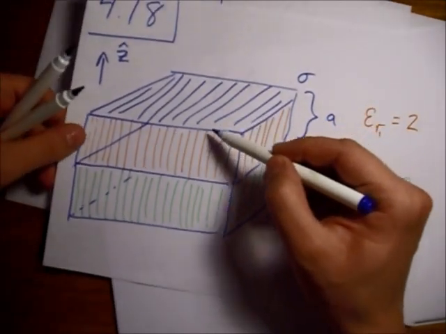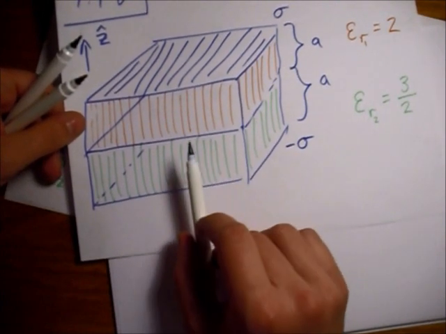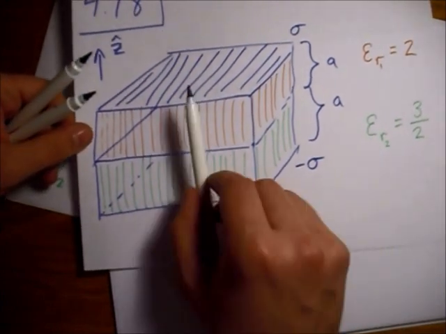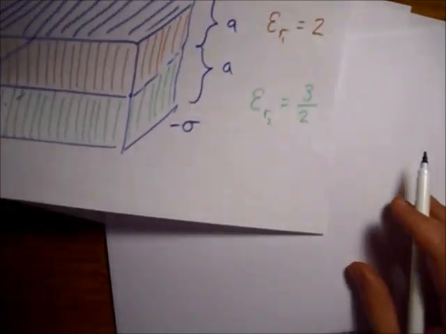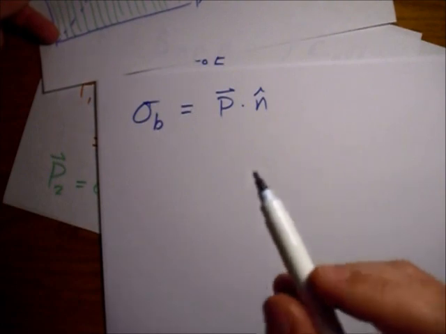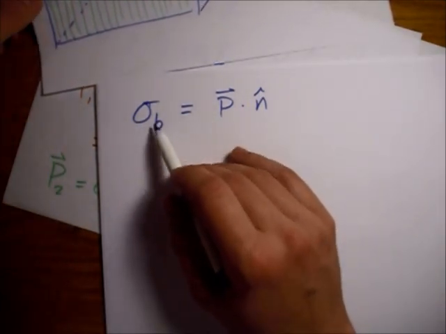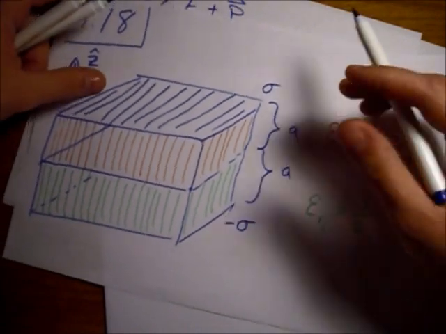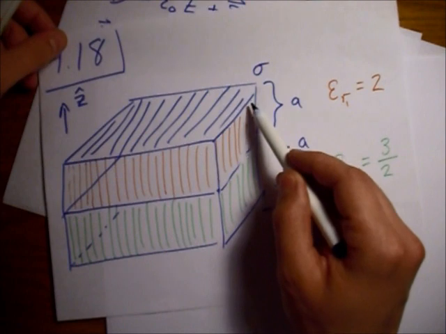Well, that just depends on the surface that you're looking at. Which way is it facing? Surface facing this way, surface facing that way. Personally, I'm just going to keep track of the sign of the bound charge based on the physical reason.